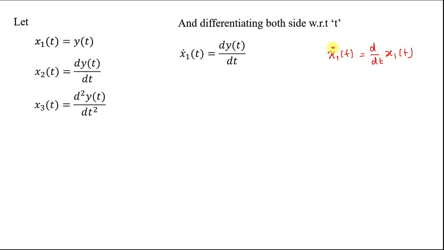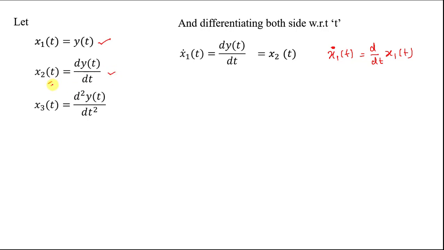This dot represents differentiation with respect to time. If we differentiate x1, we get dy by dt, the same as x2, which equals x2 as shown here.